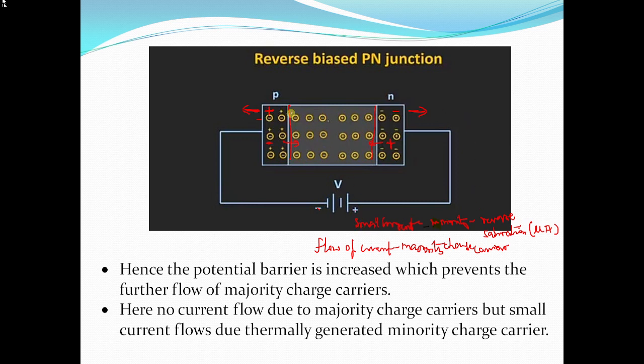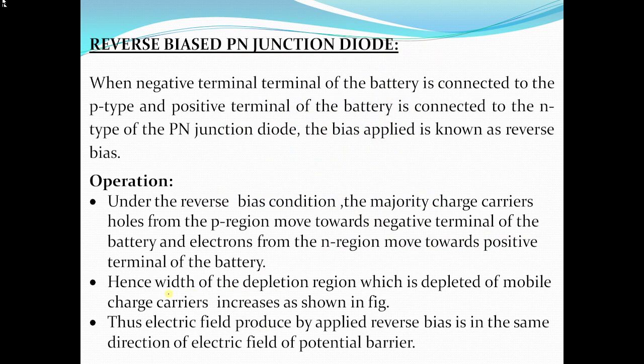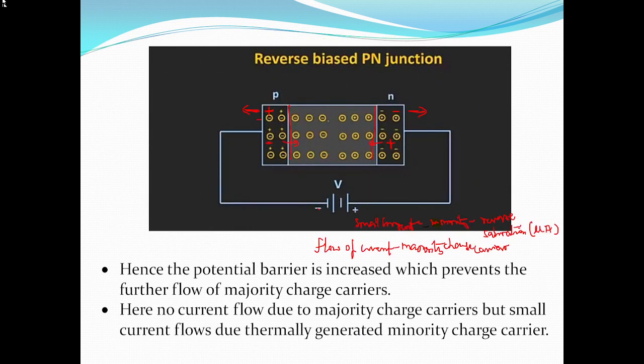So the width of the depletion region is going to increase. The electric field produced by the applied reverse voltage is in the same direction as the electric field of the potential barrier.